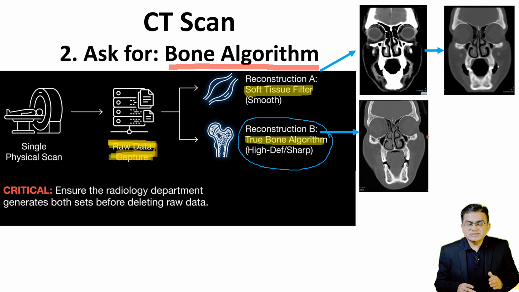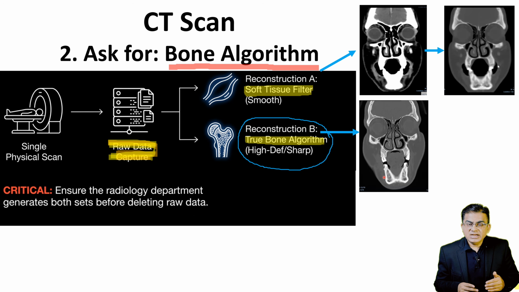Can you notice the differences in these two images? This one is done by you when you click the bone window button on soft tissue algorithm images. See, the edges are blurry. This is the real true bone window. See how sharp the bone looks here.